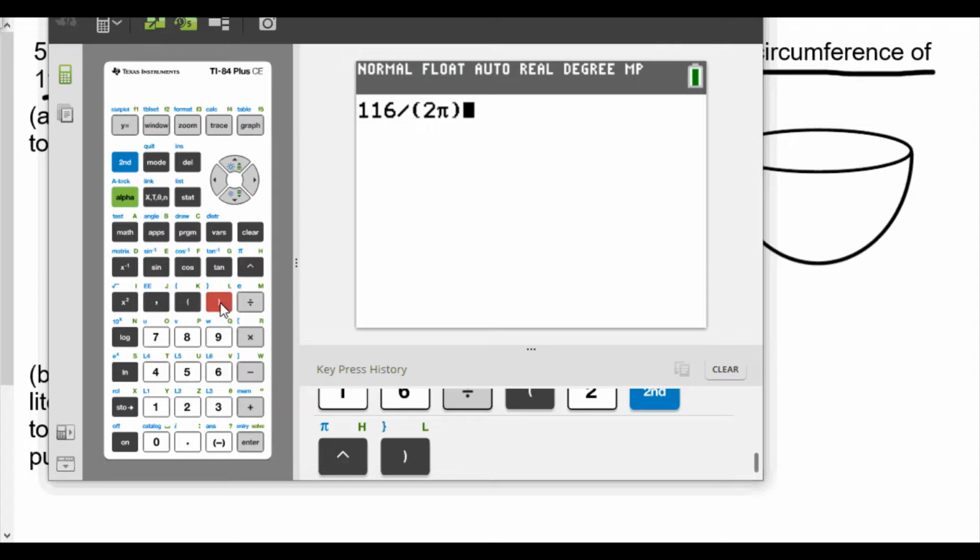The reason is this: if you do not, the calculator will do 116 divided by 2 and then multiply the quotient by pi. You want to do 116 divided by 2 pi.